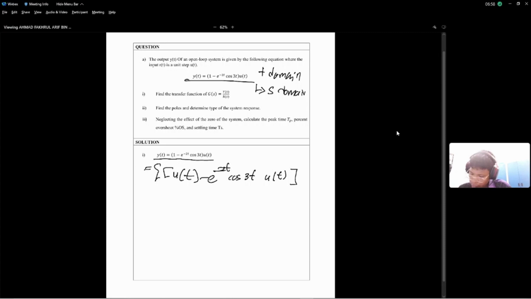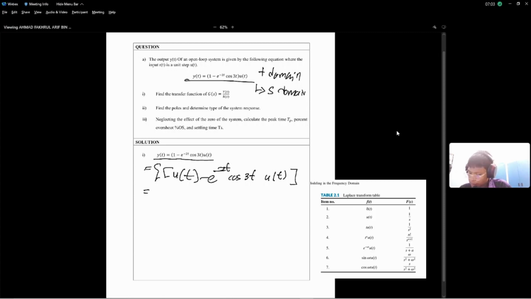Okay, so after we do that, from the Laplace transform table, we can find that u(t) is 1 over s, and e^(-2t) cos 3t is equal to (s+3) over (s+3)^2 + 3^2.